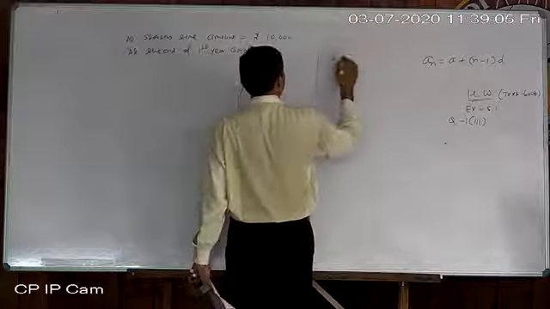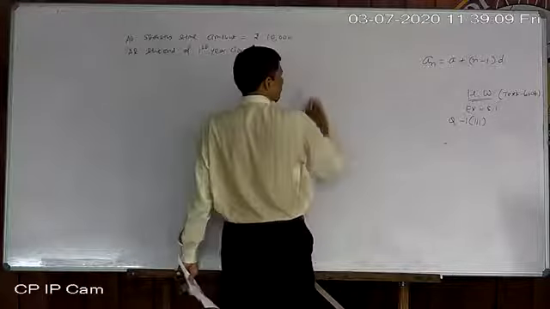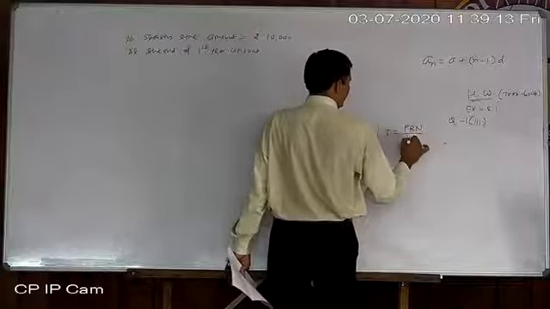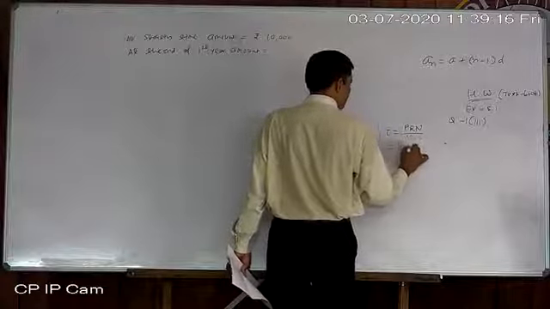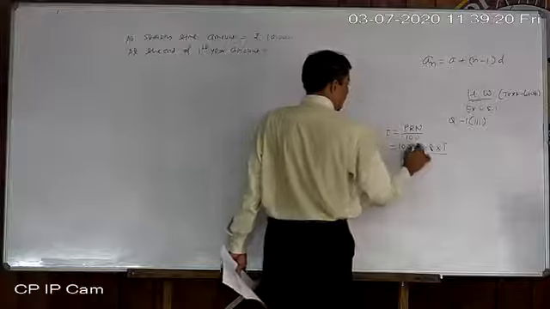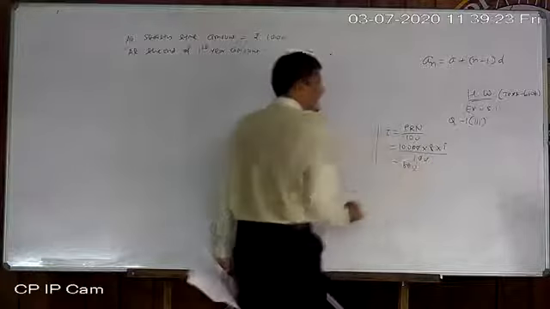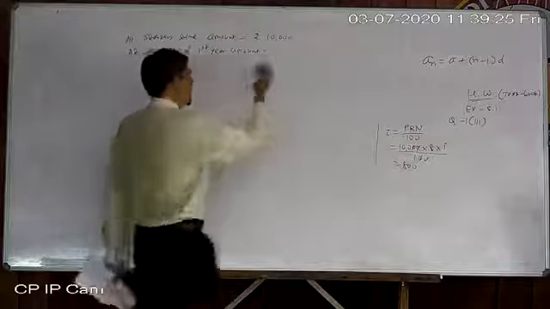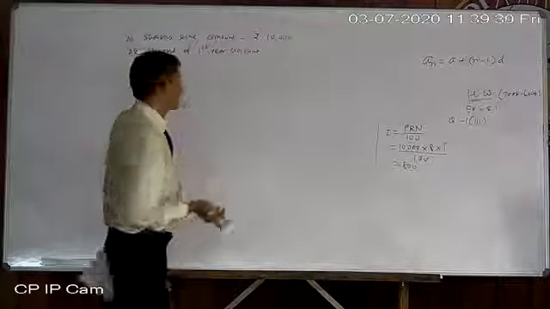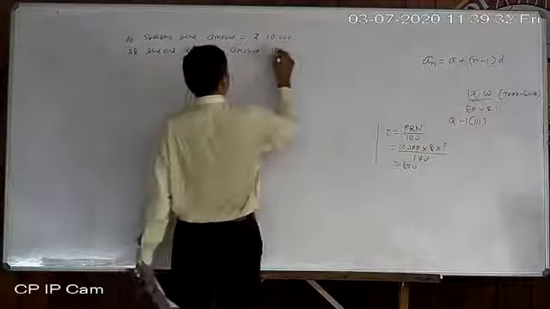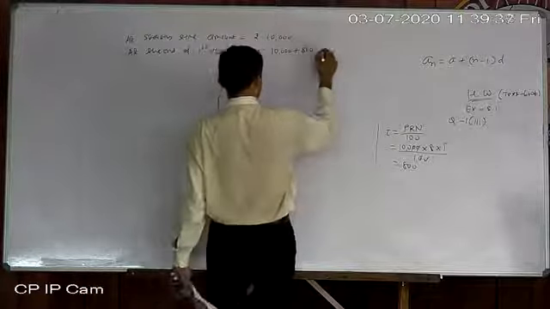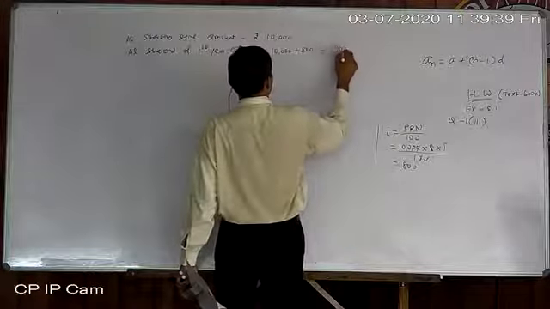So I is equal to PRN upon 100, 10,000 into 8 into 1 upon 100. The 2 zeros cancel out, 800. But that is the interest. Amount will become 10,000 plus 800, which is equal to 10,800 rupees.